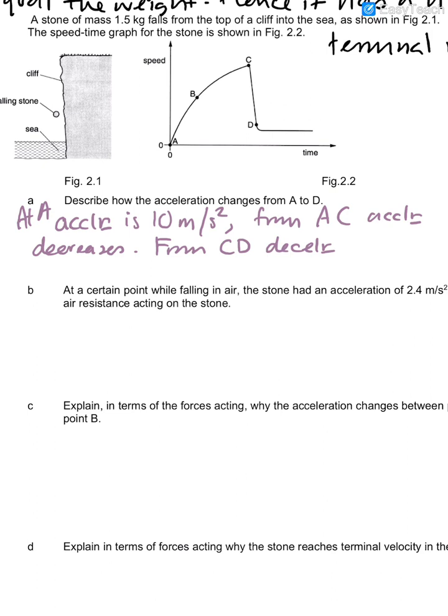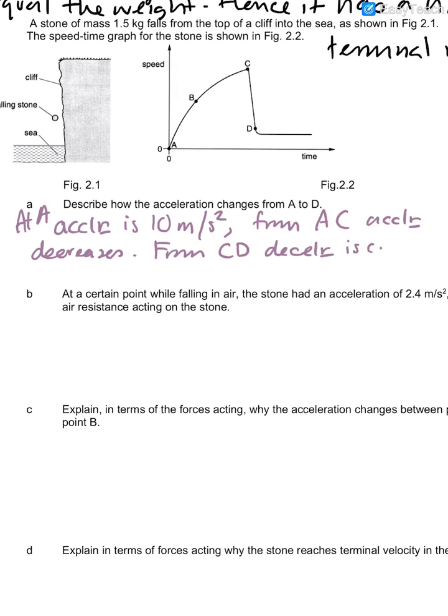You don't have to explain why, that's actually not required. So at A, the moment you drop, the acceleration is 10 meters per second squared, and then from A to C, the acceleration is decreasing, getting smaller and smaller because of air resistance. From C to D, the deceleration is constant.